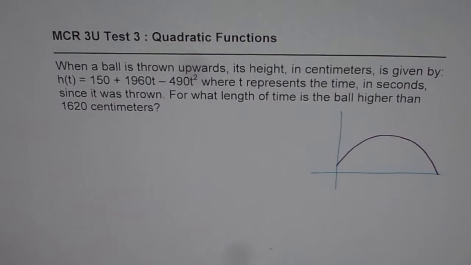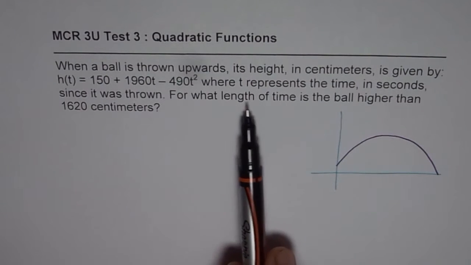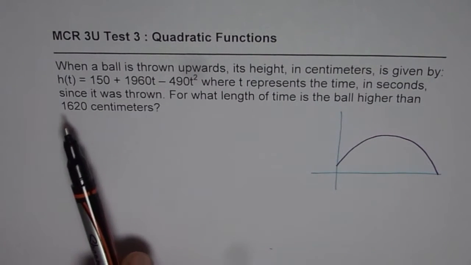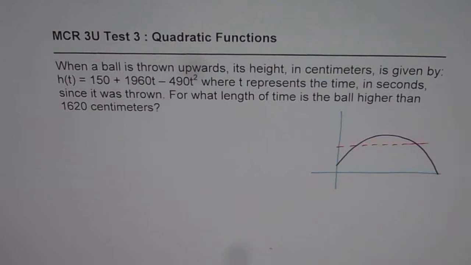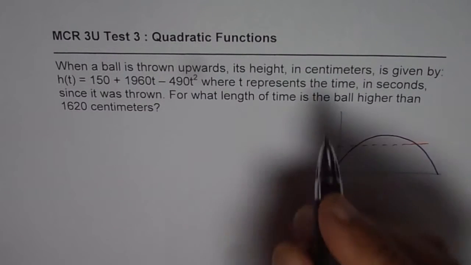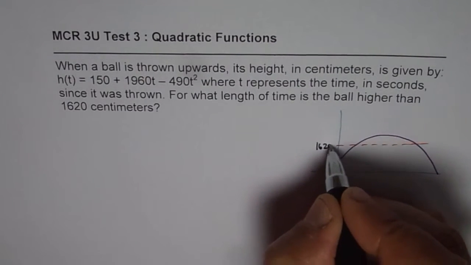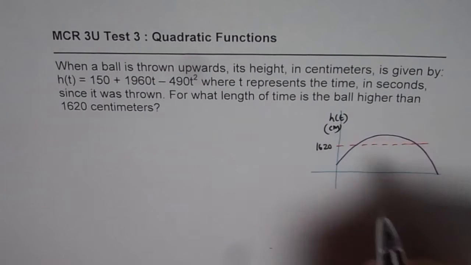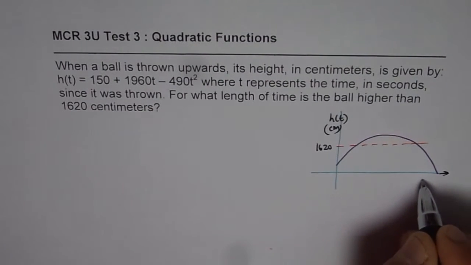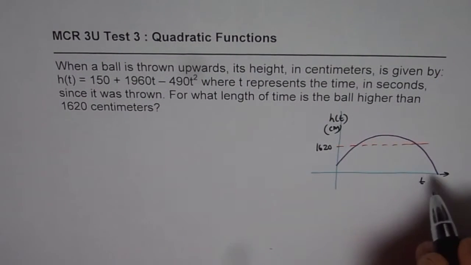Now it also says, for what length of time is the ball higher than 1620? So let us say 1620 is somewhere here, and this is the line for 1620. This is height in centimeters, and on this side we have time in seconds.